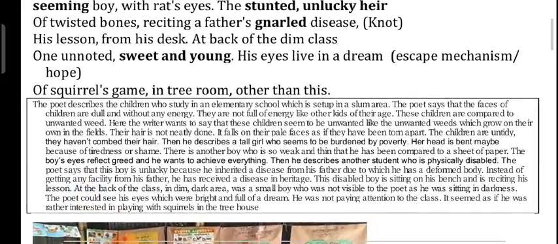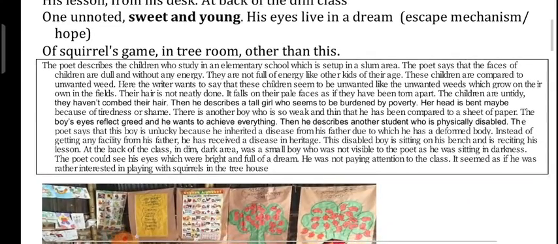In stanza 1 the poet describes the children who study in an elementary school which is set up in a slum area. The poet says that the faces of children are dull and without any energy.